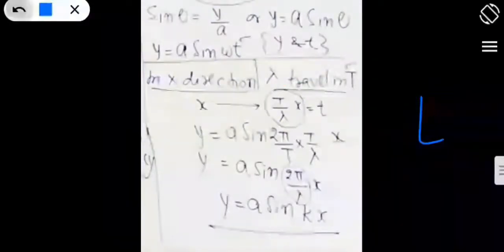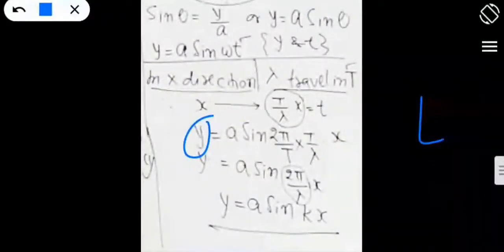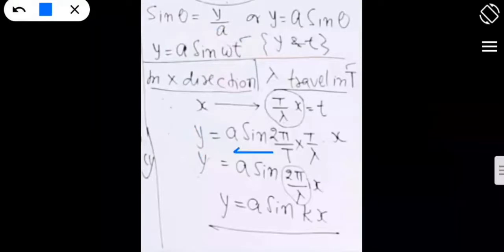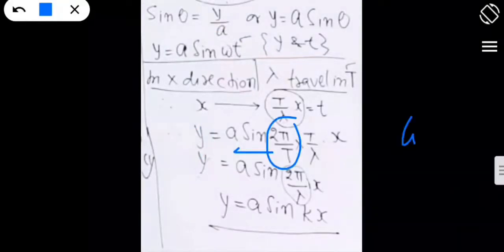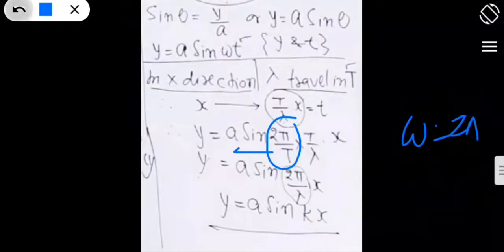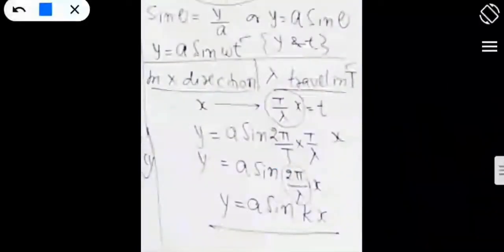Now what I will do here: y equal to a sine omega t. I will place the value in t. Omega value is 2 pi by T, so a sine 2 pi by T into t, and the t value we just found is T by lambda into x.